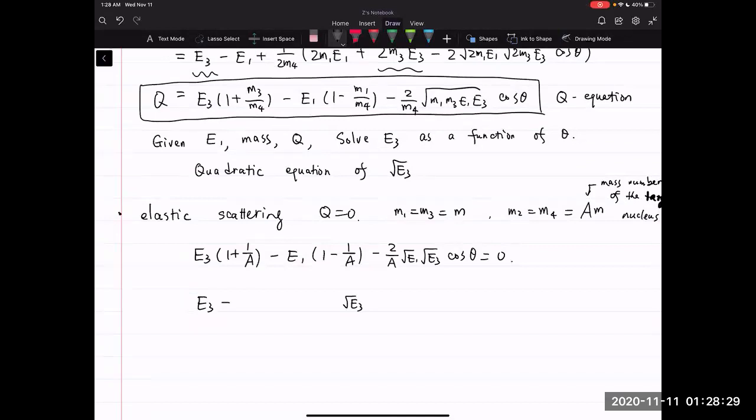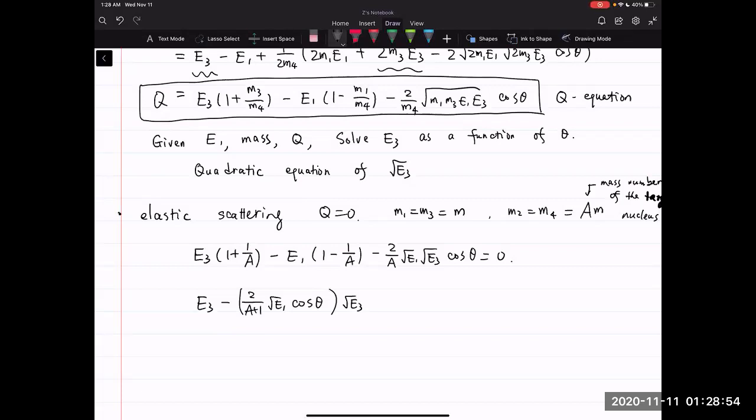The prefactor would be 2 over A plus 1, then square root of E1, and then cosine theta. So the A cancels out, we have only A plus 1.